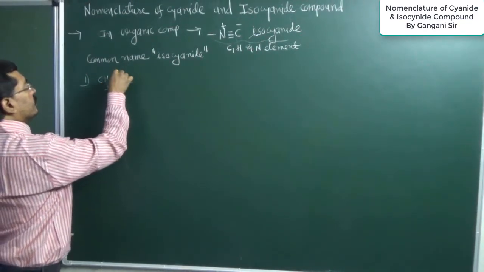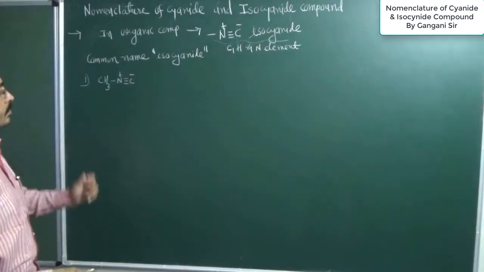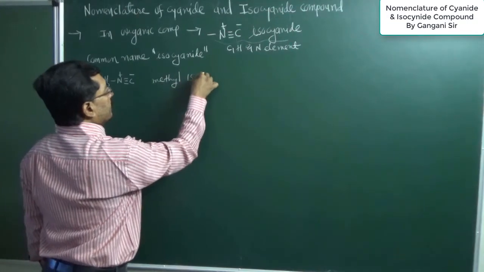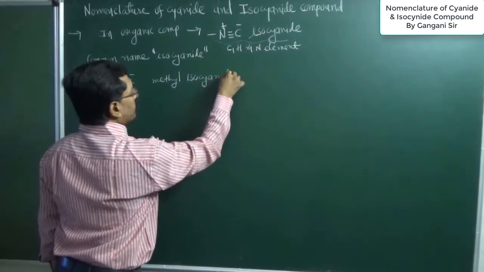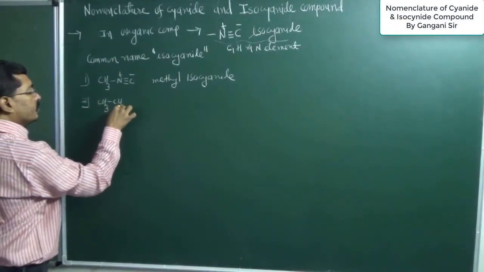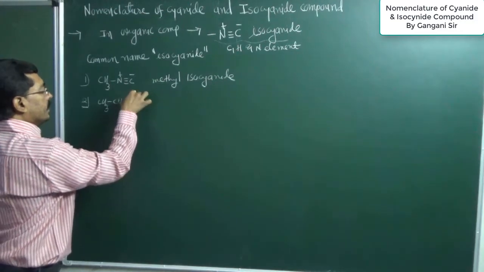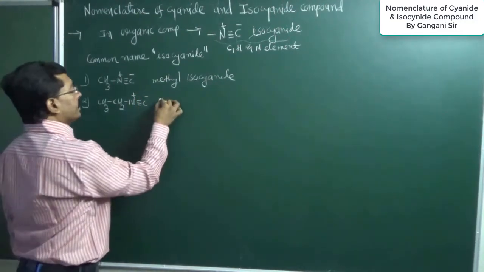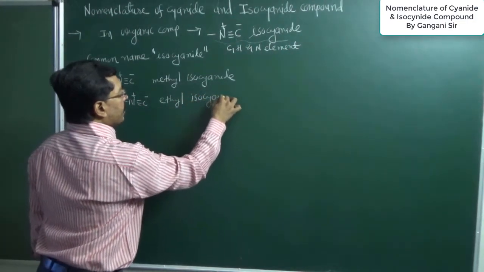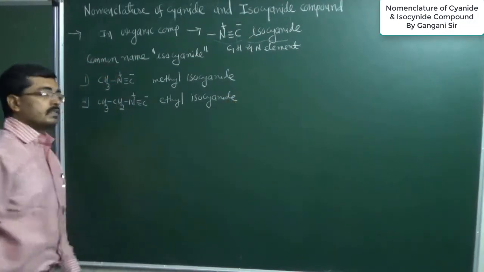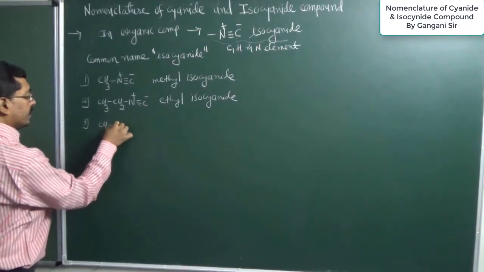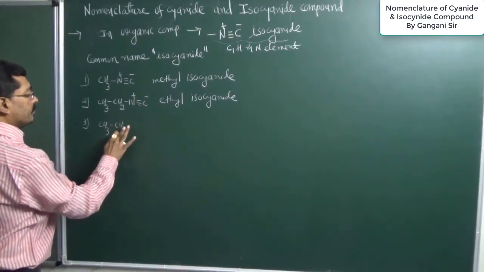Suppose we have this structure, then the name of this compound we can give as methyl isocyanide. Suppose we have this type of structure, CH3, CH2 and triple bond C, then the name of this structure we can give as ethyl isocyanide. Suppose we have this type of structure, which has a branch.